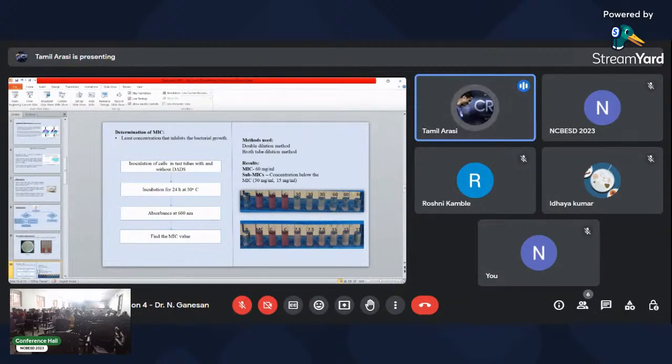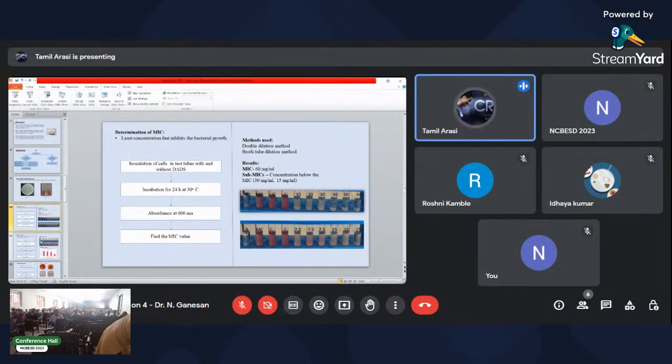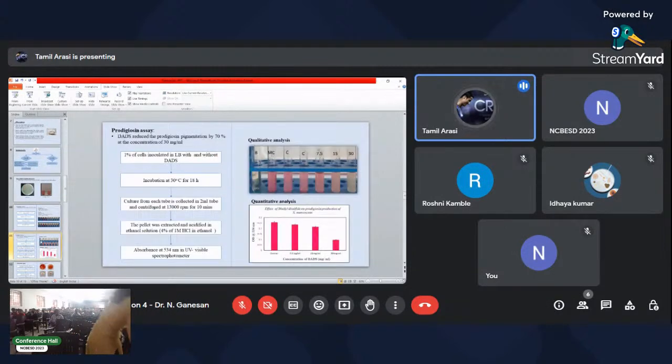And next, I've performed assays to give a confirmation that my compound is working against bacteria. So the next assay is the prodigiosin assay. I've told you already the prodigiosin is very important in Serratia bacteria. So in this, I've followed this method.